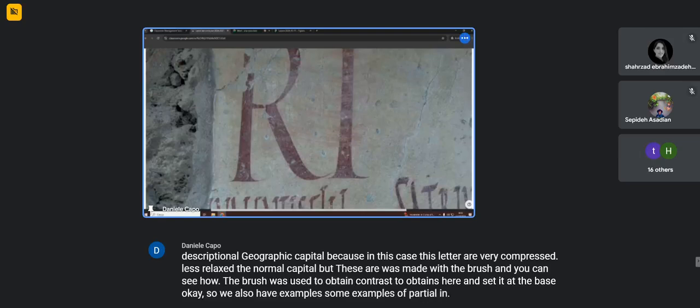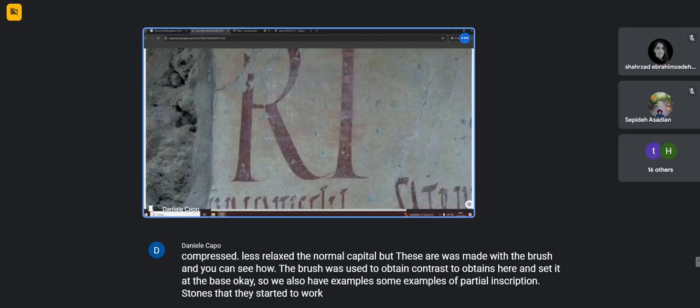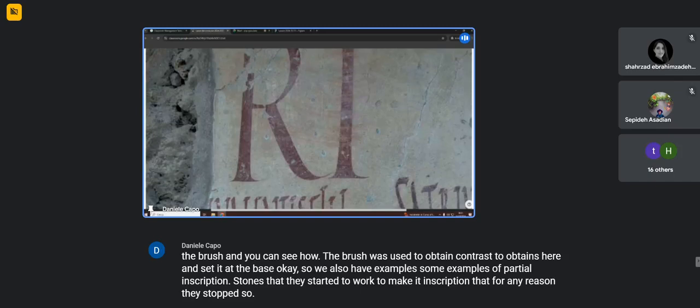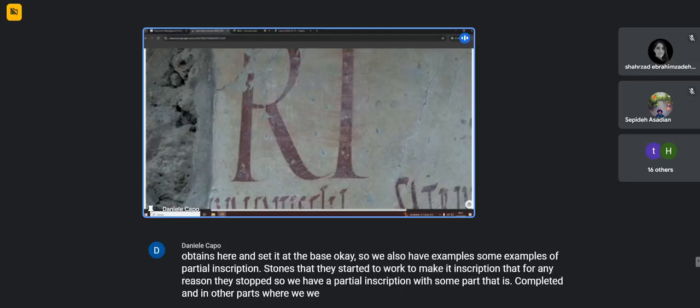Okay? So we also have some examples of partial inscription. Stones that they started to work to make an inscription that for any reason they stopped. So we have a partial inscription with some part that is completed and another part where we only see the trace of the brush, the painted letters.